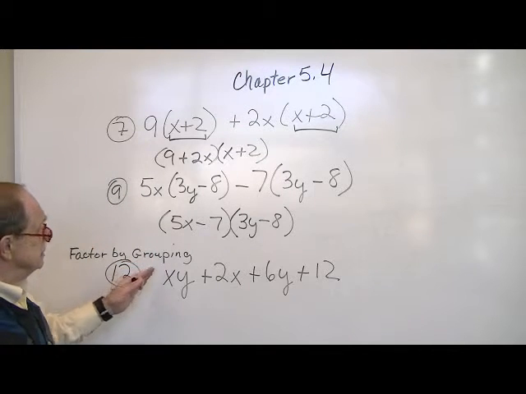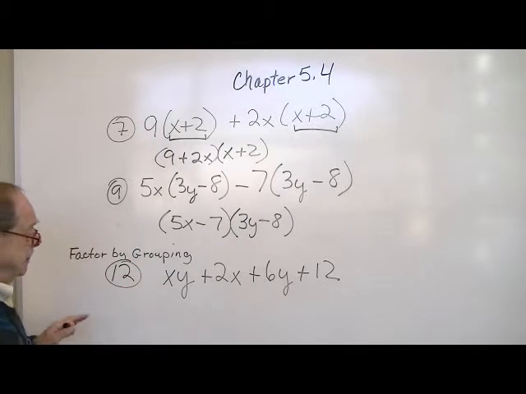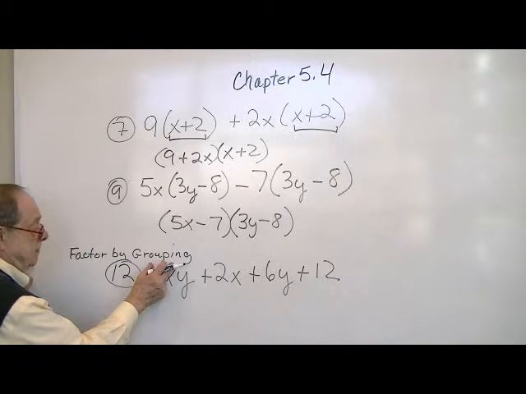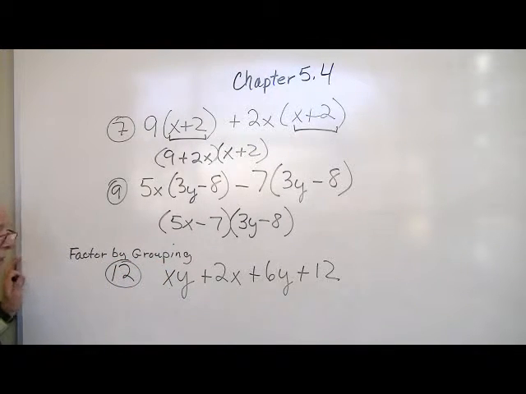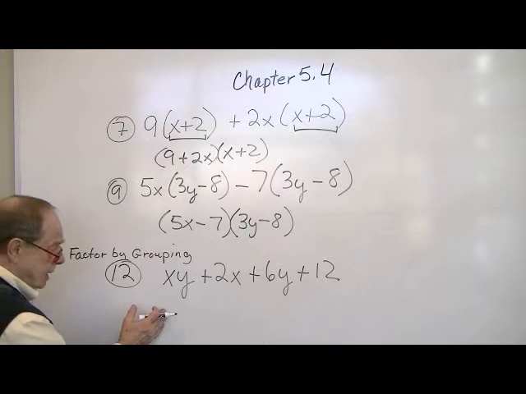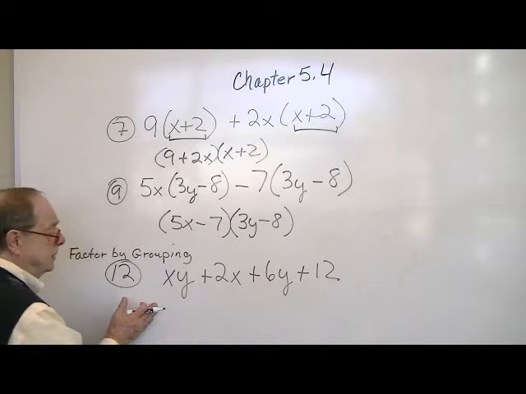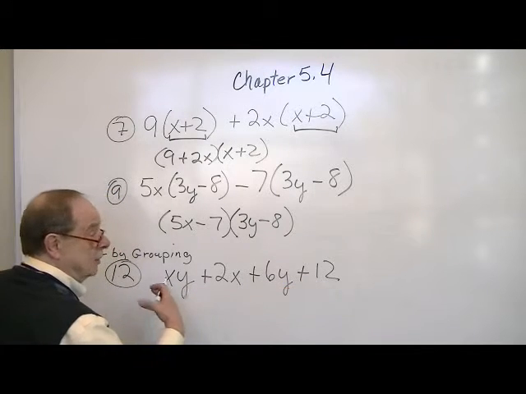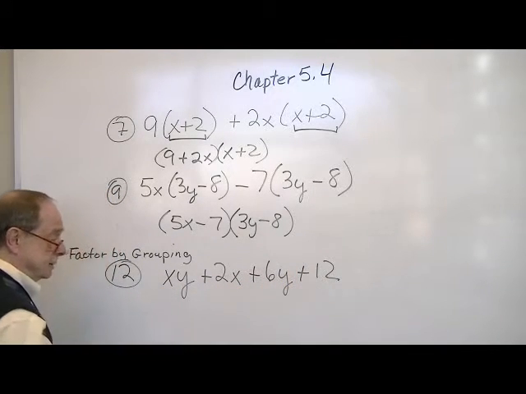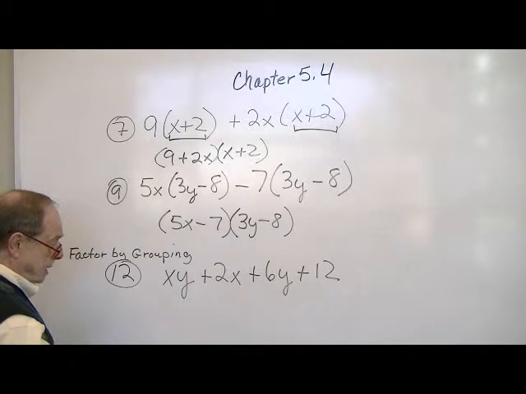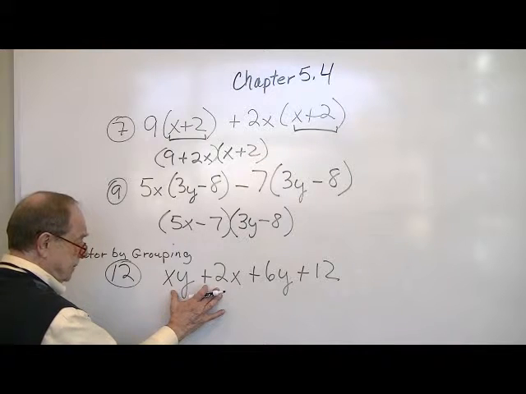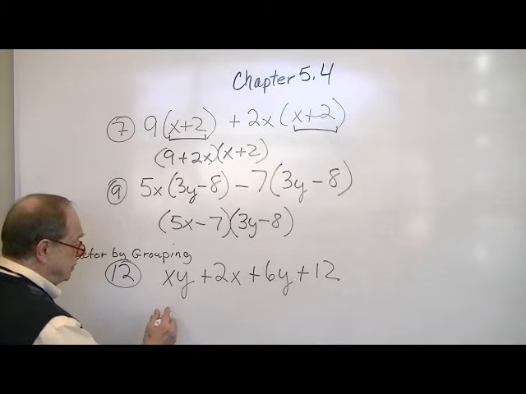And this leads into our next topic, which is called factoring by grouping. And the key to this is if you see a polynomial like this, and there's no common factor in the whole series of the expression, but you notice that in the first two terms, there is a common factor of x.